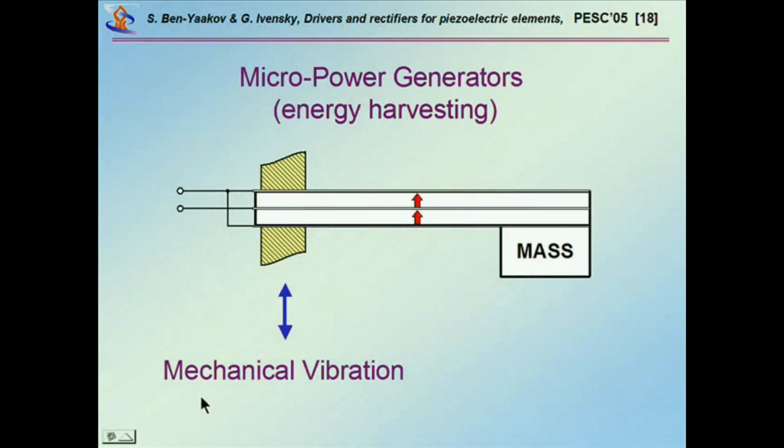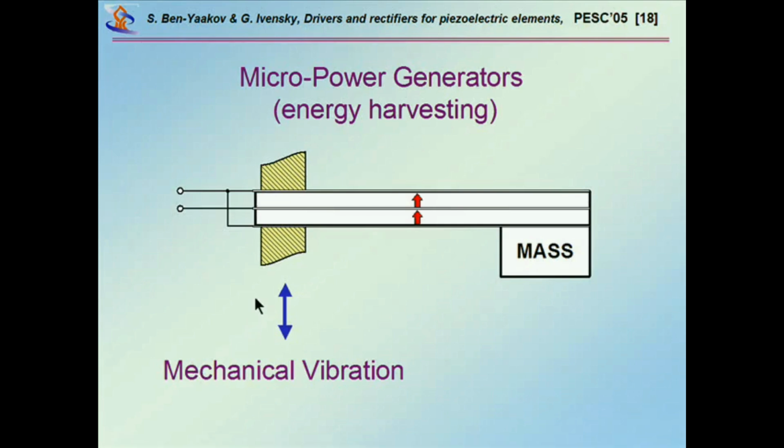Okay, the next family of devices that I have here is our generators. There is a lot of interest today to generate electricity on site rather than having batteries that you have to replace, etc. So if you can generate the electricity on site, then this will be advantageous.